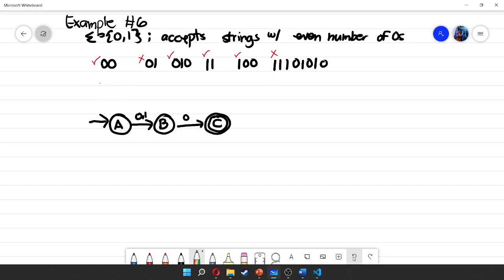Okay, so mali siya. What if A to C? Pwede ba? Dili, sir. Actually, murag pwede siya. 'Di ba? Actually, pwede A to C. What if ang input kay 1 lang? So, is this accepted or rejected kung 1 lang? Rejected, sir.